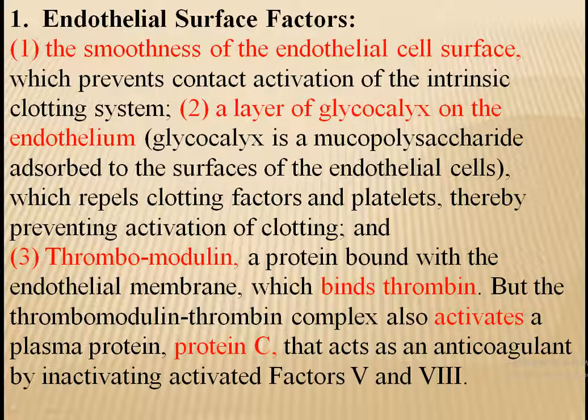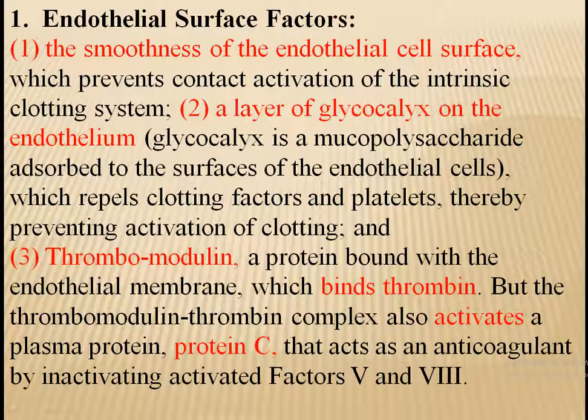Regarding the endothelial surface factors, the smoothness of the endothelial surface prevents the contact activation of the intrinsic clotting system. A layer of glycocalyx on the endothelium repels clotting factors and platelets, thereby preventing activation of clotting.